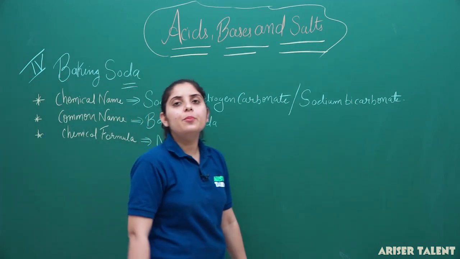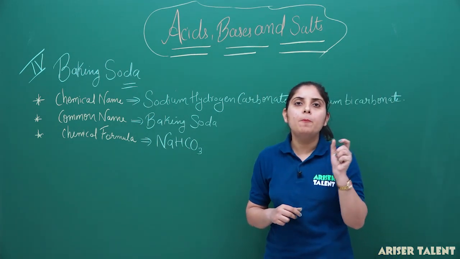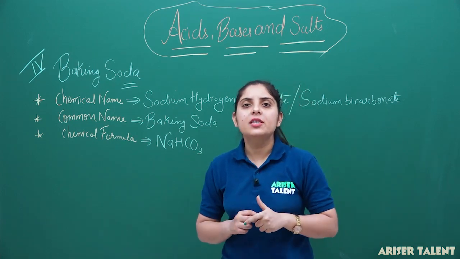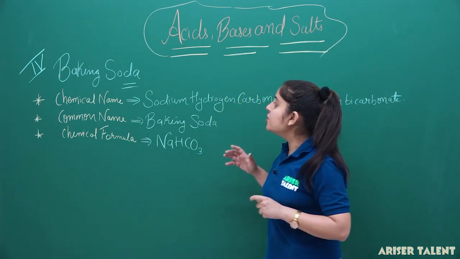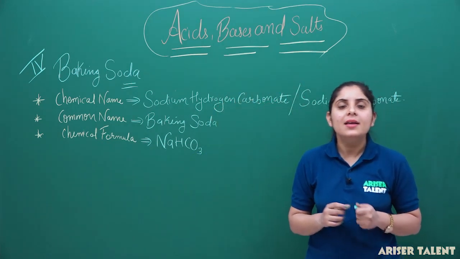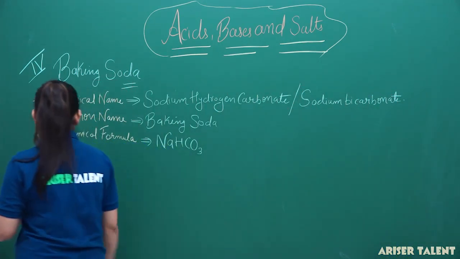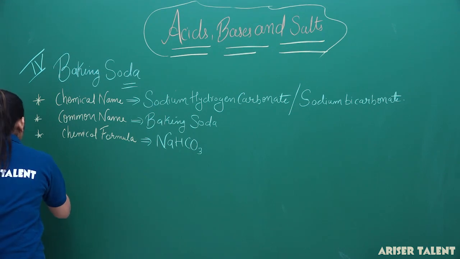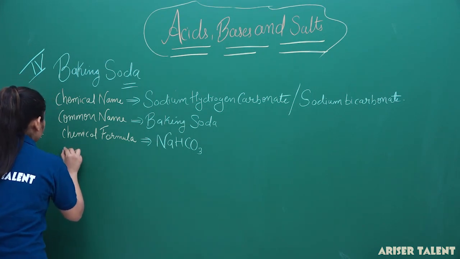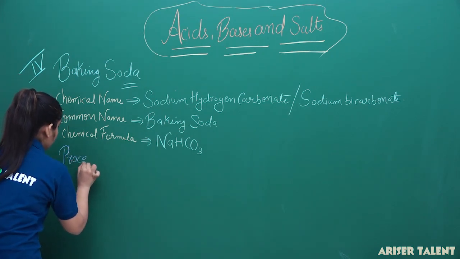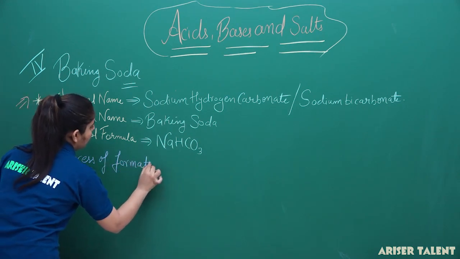Now we will learn the process of formation of baking soda. Baking soda is basically obtained as an intermediate in the formation of sodium carbonate by the Solvay process. So the process involved in the preparation of baking soda is actually the Solvay process. Our next topic will be the process of formation.